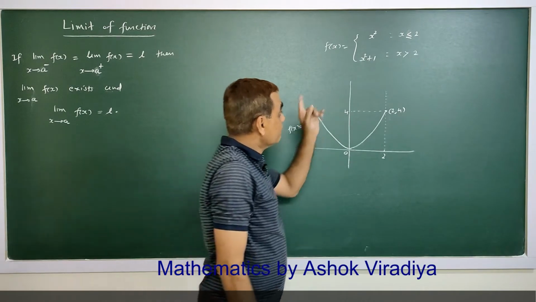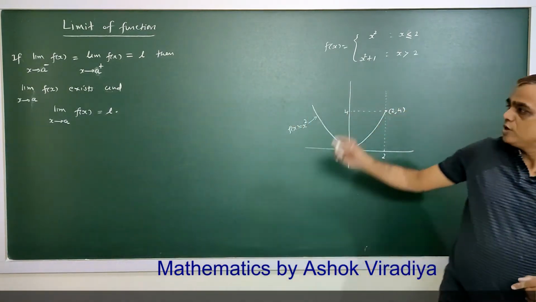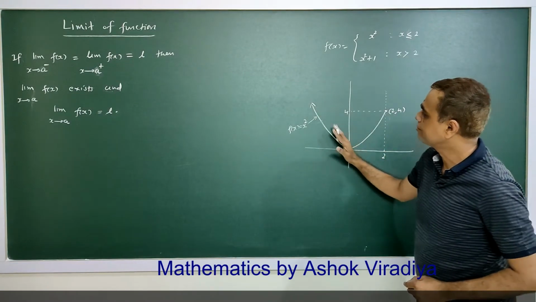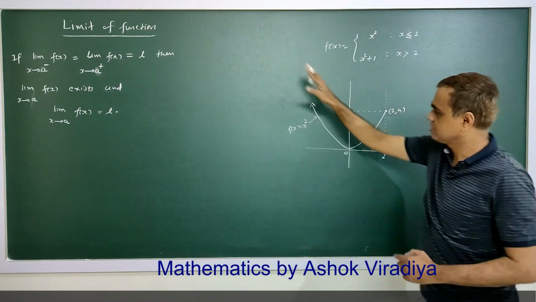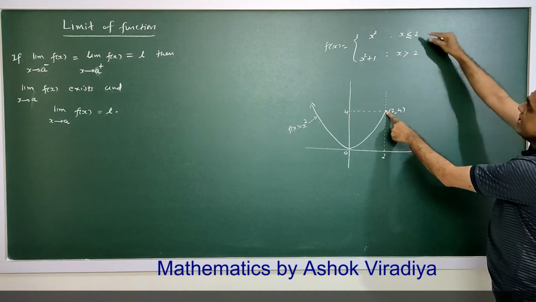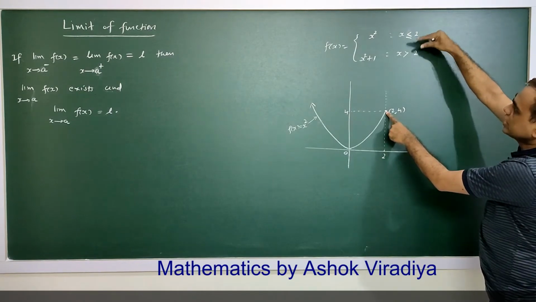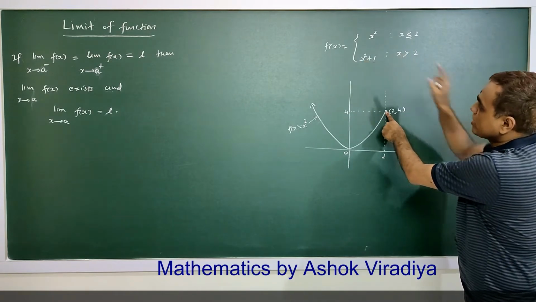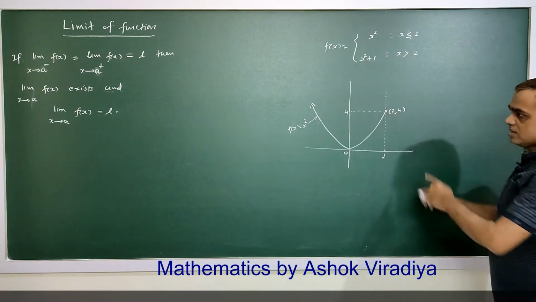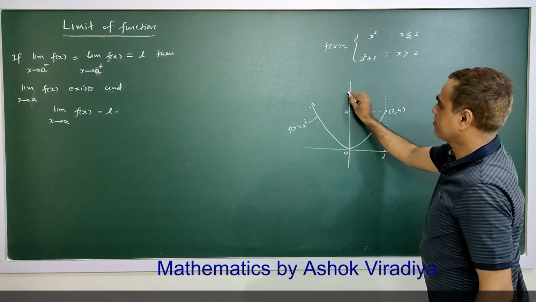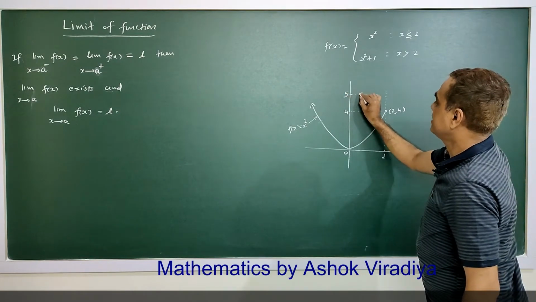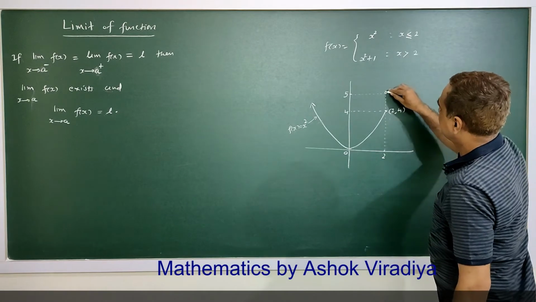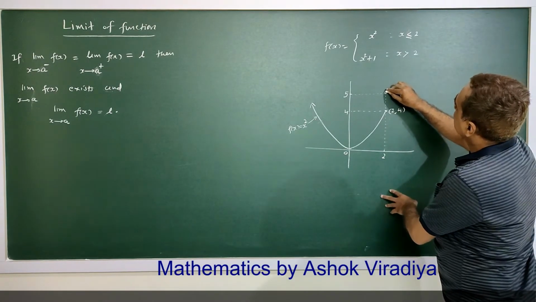Now for x more than 2, here I am putting arrow. This is going up to infinity in upward direction. Here graph is stopped at 2. Now for more than 2, what is happening? f(x) is x square plus 1. So that means here graph will be like this.